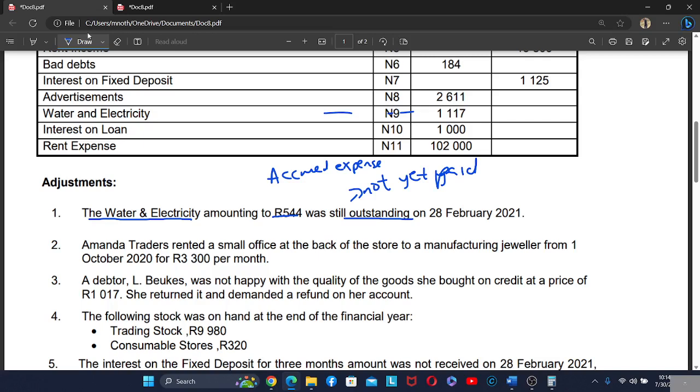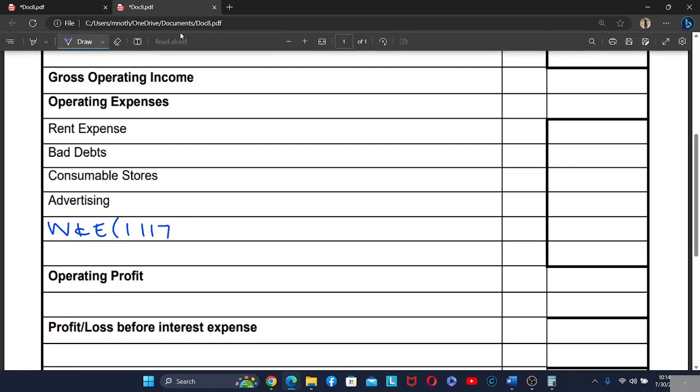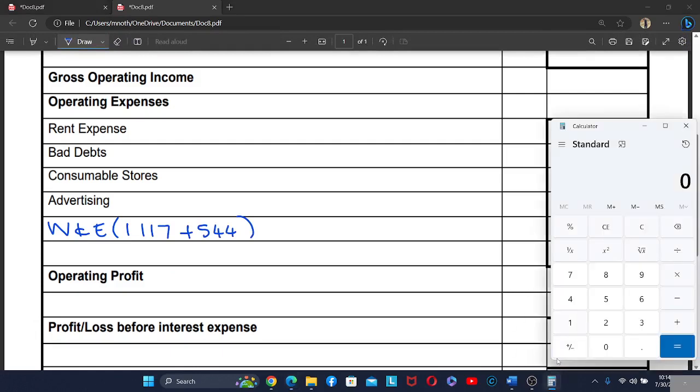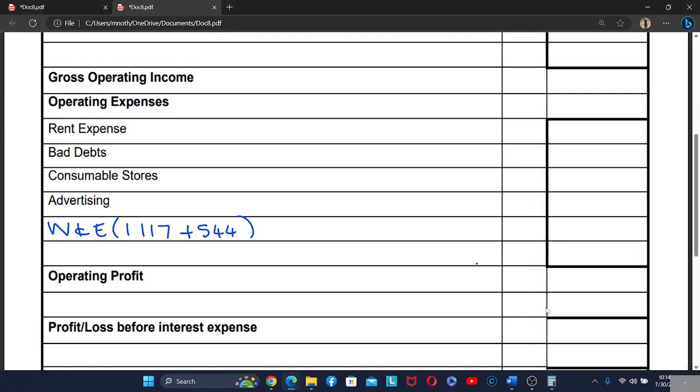So what do we do with the accrued expense? We must add it to the expense account. This one is for the water and electricity, so we're going to say plus 544. So 1,117 plus 544 is 1,661.